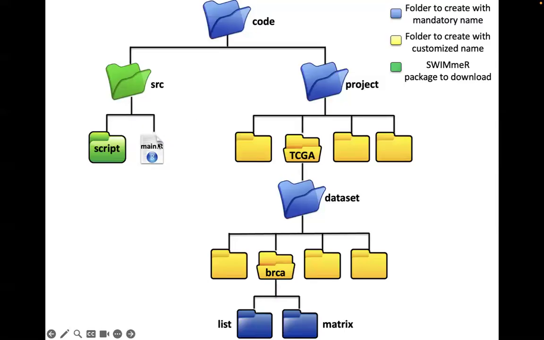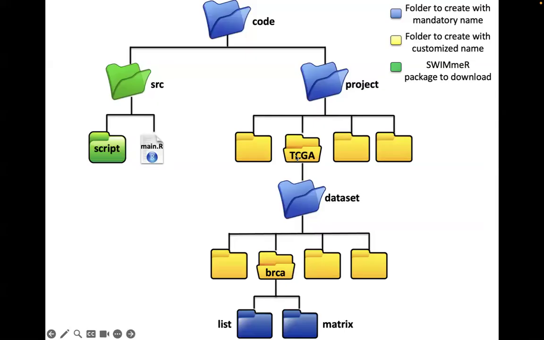You just have to work on the main file in order to set your configuration parameters. And then you have the folder named project in which you can put all your projects.